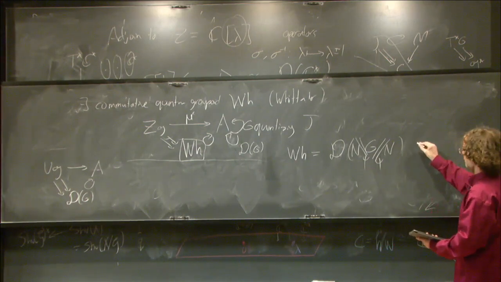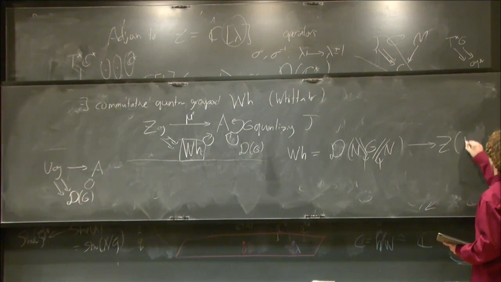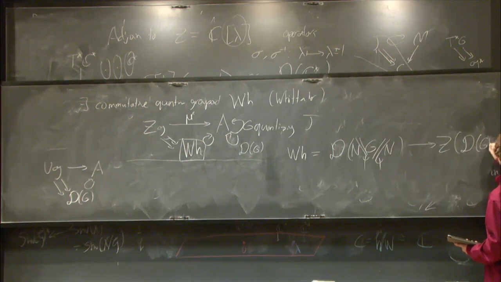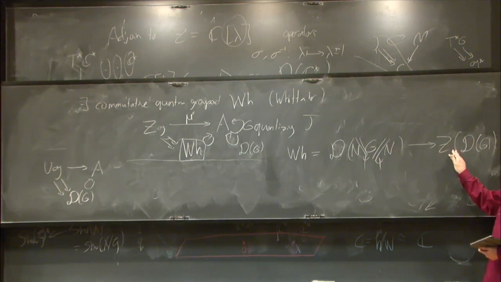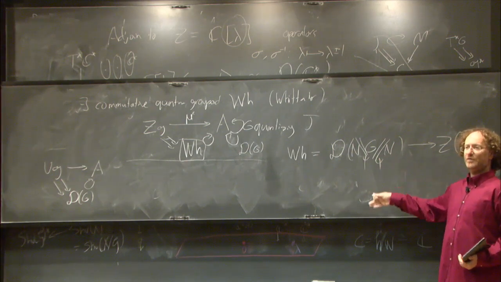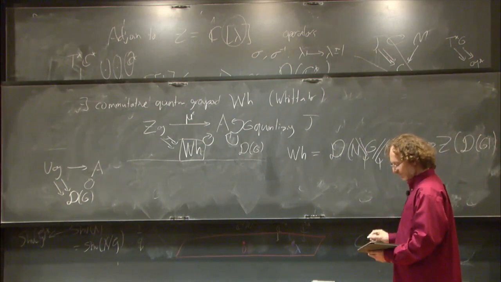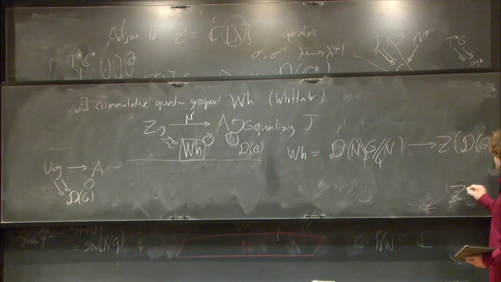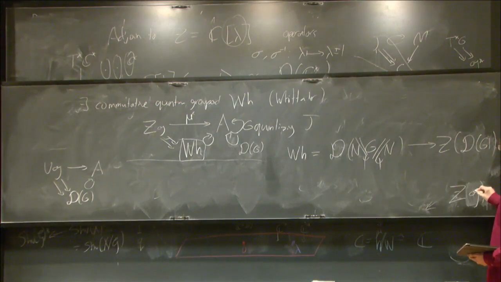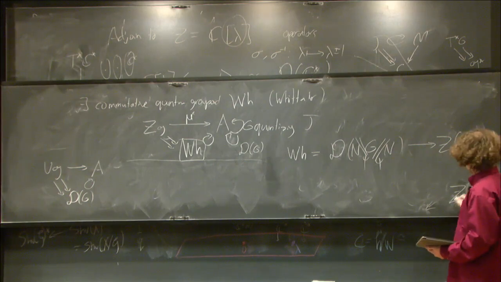And so the claim is that this is roughly acting on the center of G. Let me say this a little informally. It's going to some Drinfeld center of differential operators on G. And what is this supposed to remind you of? Kostant proved this beautiful theorem that the center of the enveloping algebra, I guess we're just calling that ZG, had a description.